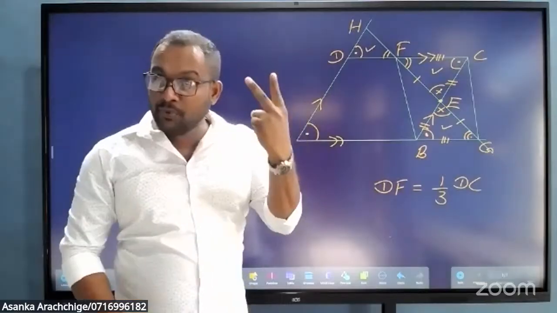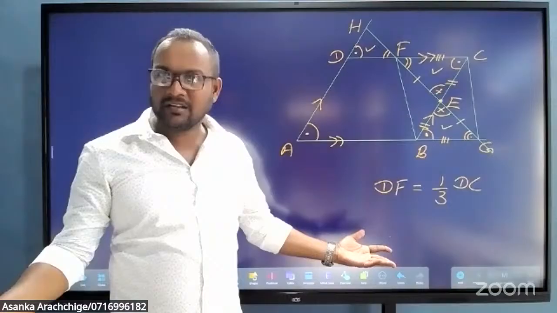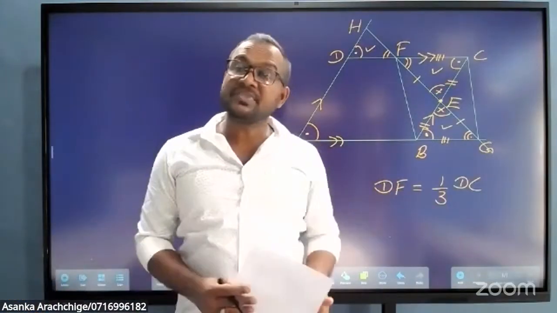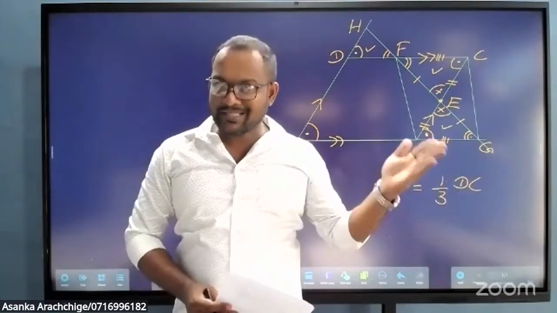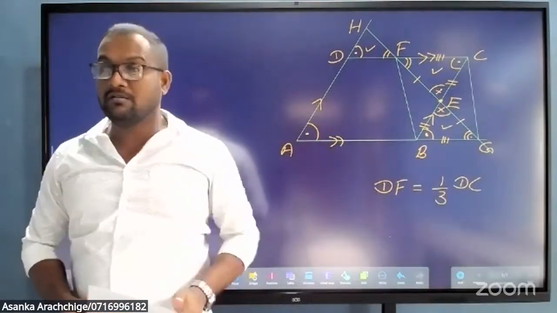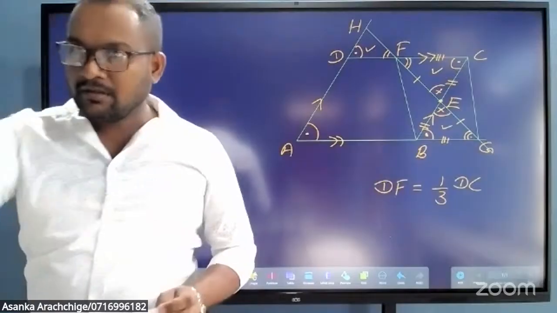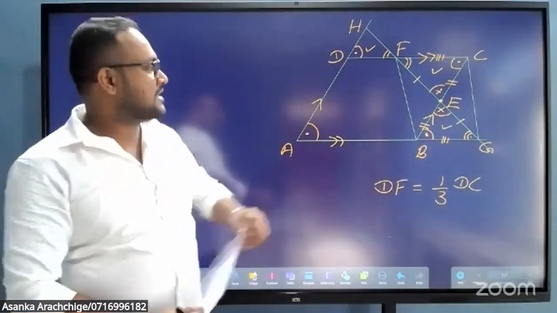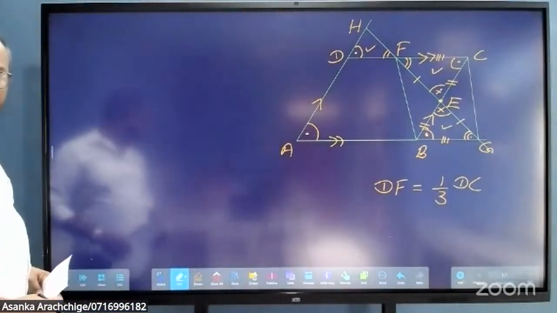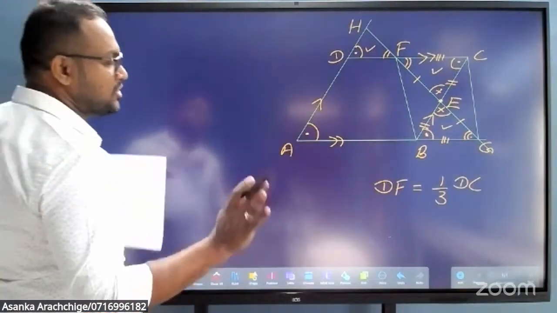Then if two pairs of angles in two triangles are equal, definitely the remaining pair of angles also equal, because the sum of the three interior angles of any triangle is always 180. Clear? Therefore, you can say these two triangles are equiangular. Understood? Fine. You can show it like this.